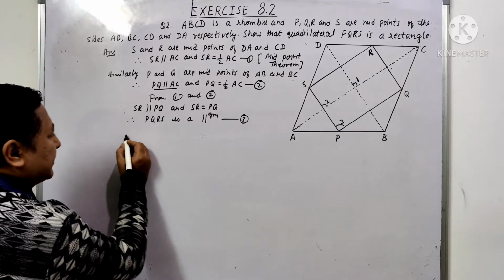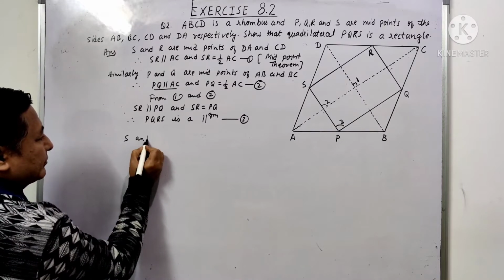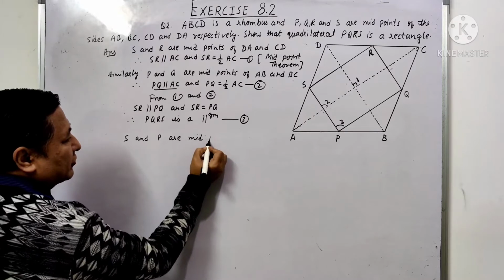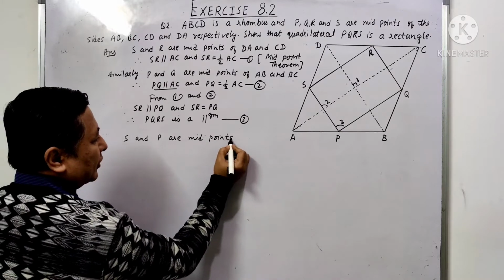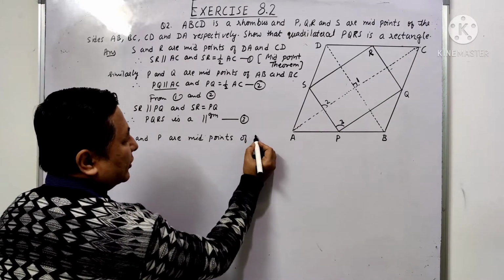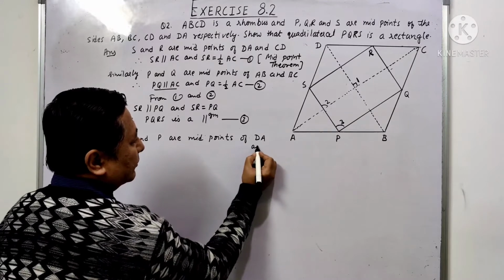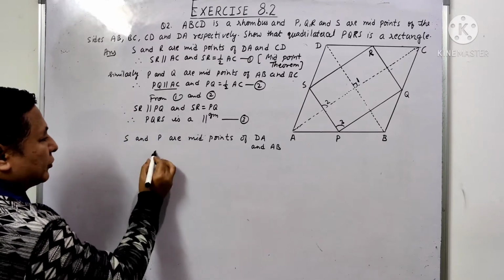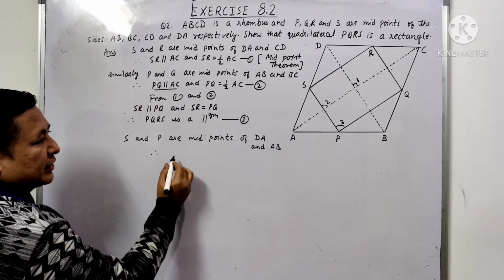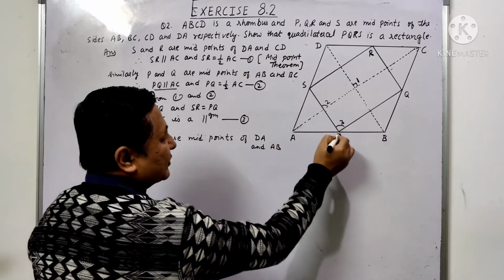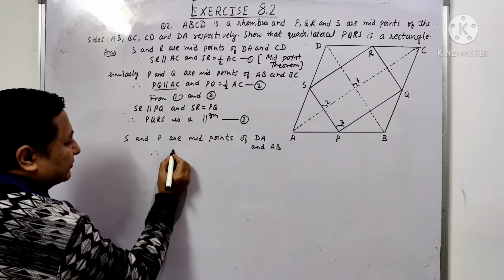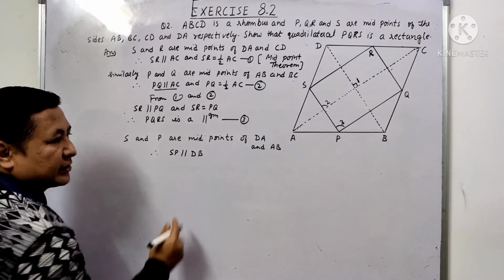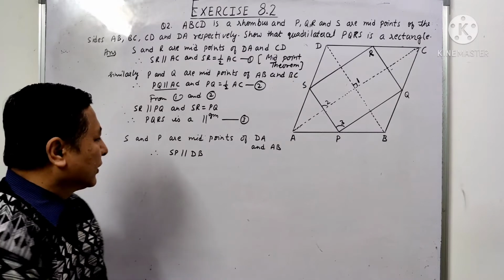Now S and P are midpoints of DA and AB respectively. So therefore we can say that SP will be parallel to DB, again due to the midpoint theorem.